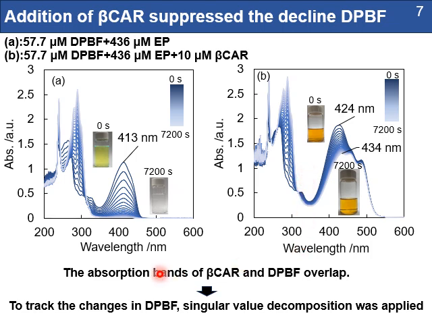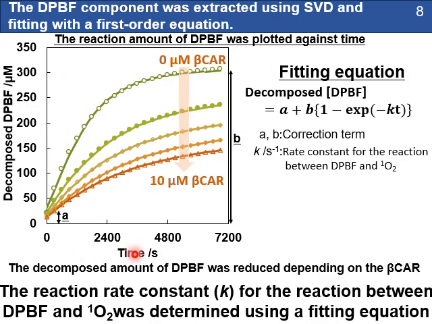To solve this issue, we applied singular value decomposition to isolate the spectrum change of DPBF and monitor its decomposition. In this graph, the vertical axis represents the amount of DPBF decomposition, and the horizontal axis shows time. The decomposed amount of DPBF was reduced depending on the beta-carotene.